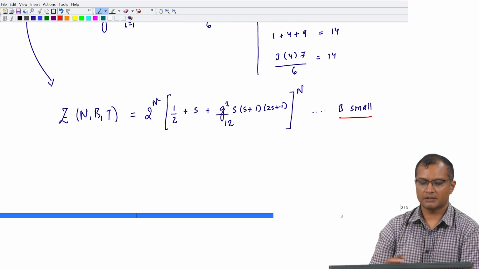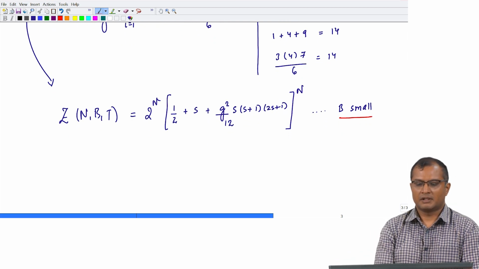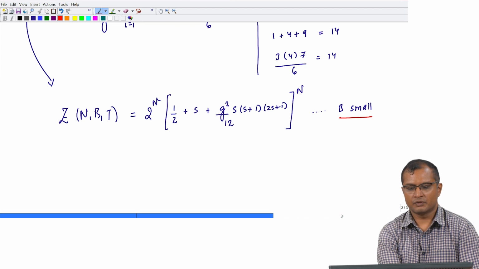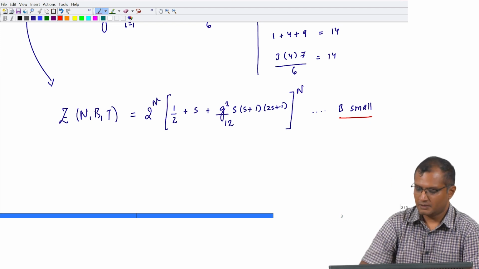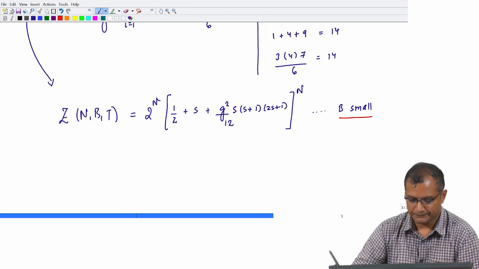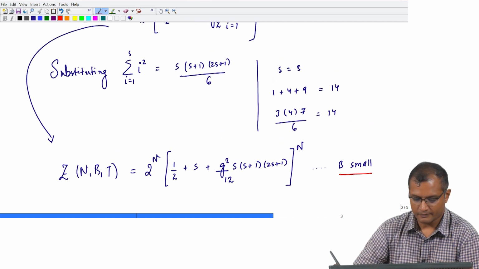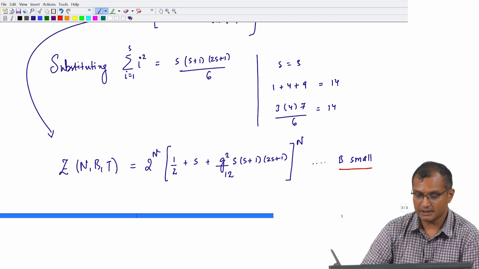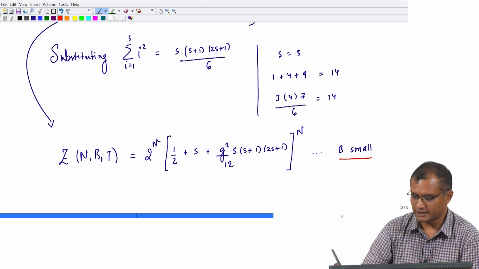So now you can use this approximation and compute the value of various thermodynamic properties.